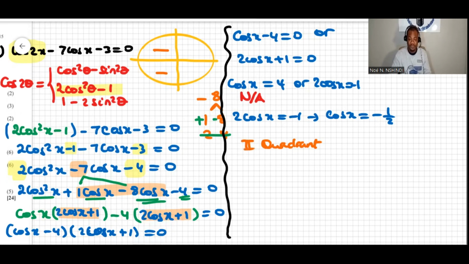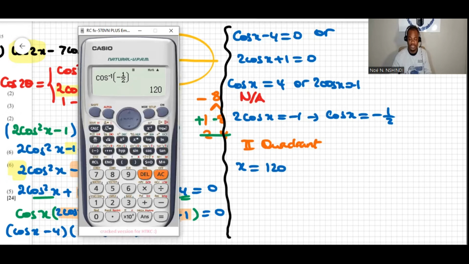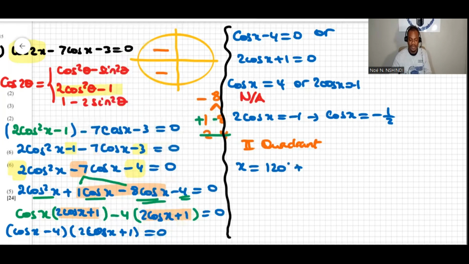Because cos is negative in the second quadrant, we got x equal to 120. So now we're going to say 120 degrees plus 360k, where k is an integer. That's for the general solution. We use the k because every 360 degrees it comes back to the same answer.